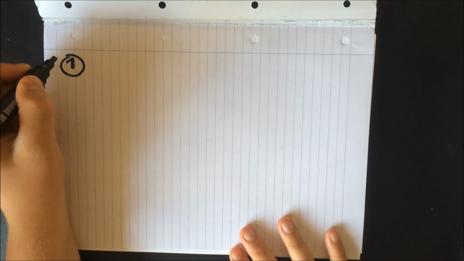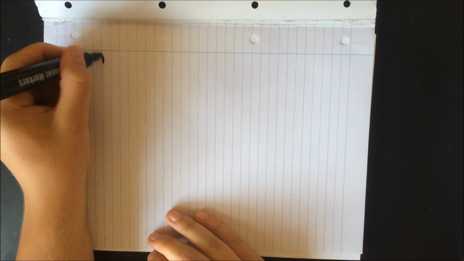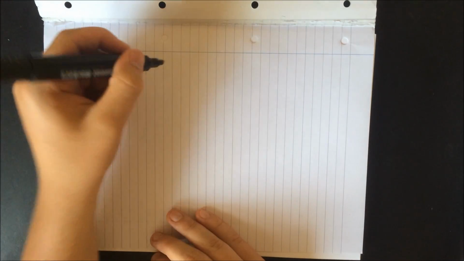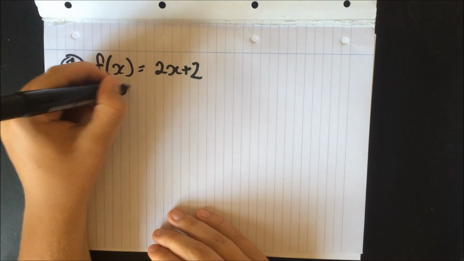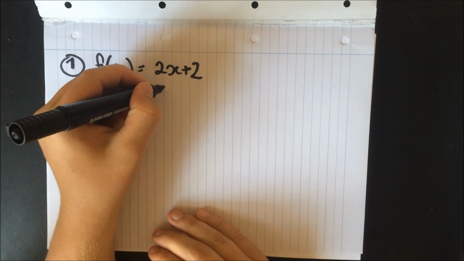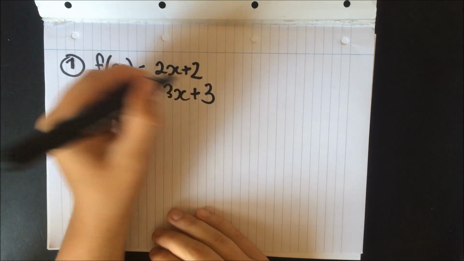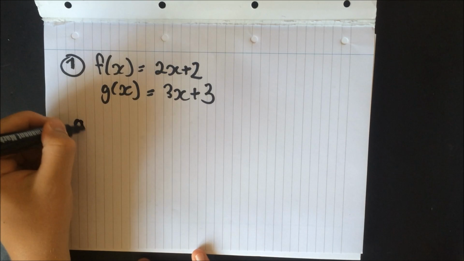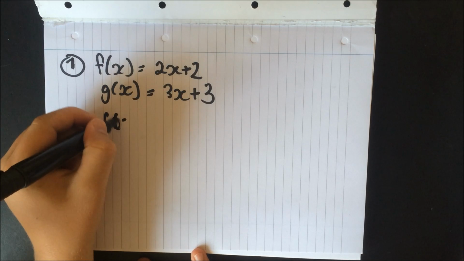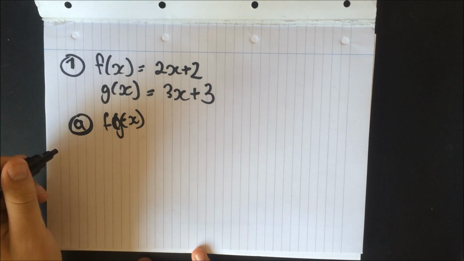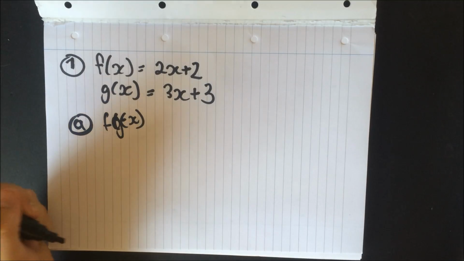If I was to give you another example, which you can work out yourself, question 1: if I said f of x was equal to 2x plus 2 and g of x was equal to 3x plus 3, I want you to, A, find f of g of x, and then B, we'll just do the opposite.